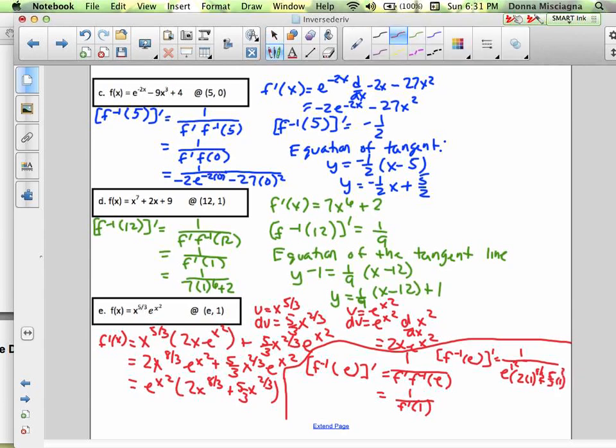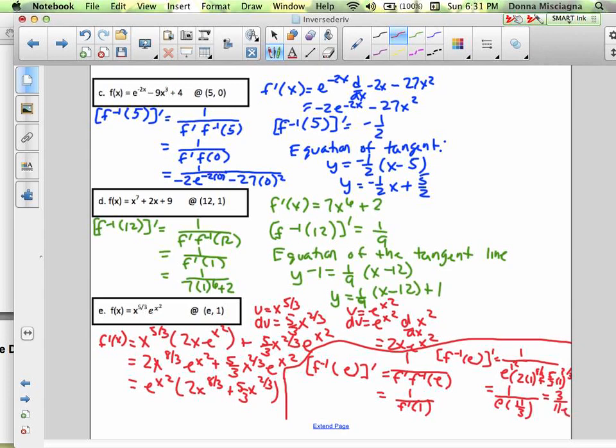So that's going to be 1 over e times 2 plus 5/3. That's all we've got. 2 is 6/3, so that's going to be 11/3. If you've got 11/3 in the denominator, that's going to be equal to 3 over 11e.